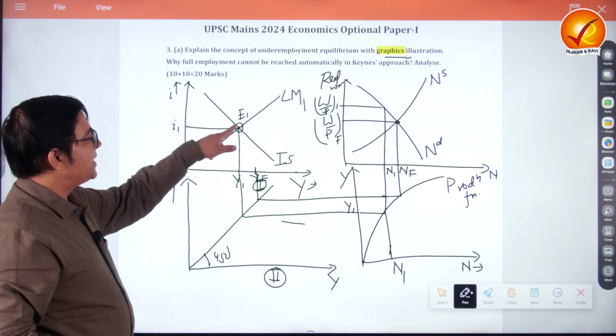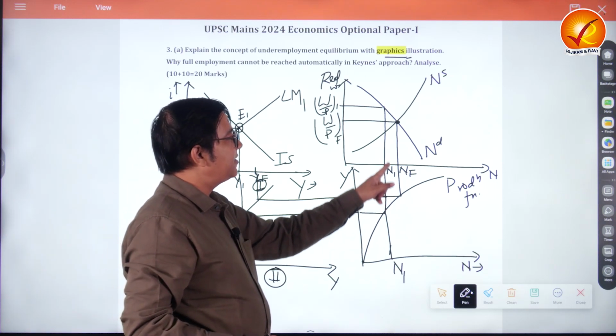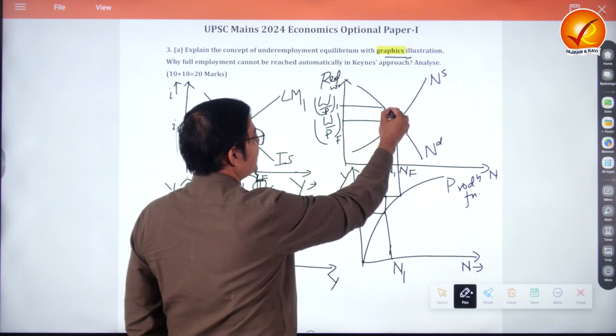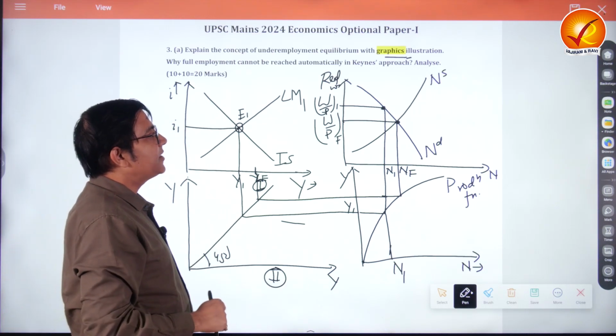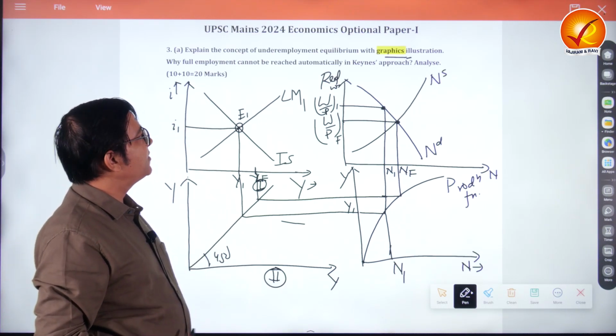So the IS-LM intersection or Keynesian equilibrium is where the real wages are higher than what they should be at full employment. Now, it's a good way to compare it with the classicals also.